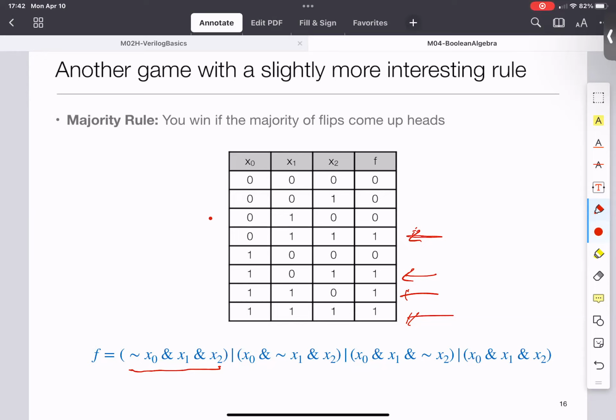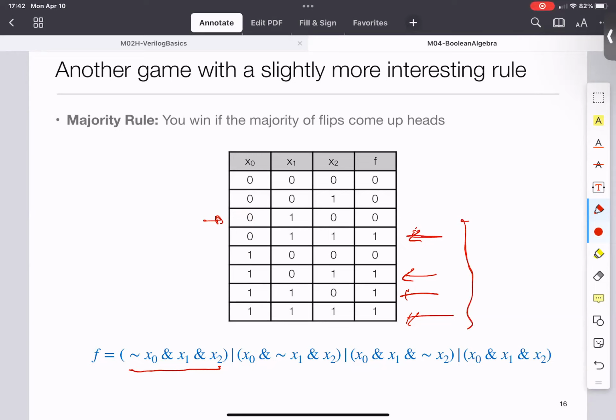I am in this row if not x0 and x1 and not x2 is true. So I can look at the input columns and say, when am I in that row? And then I'm only looking at those rows where the output is high. So I just list those, in this case the three out here.